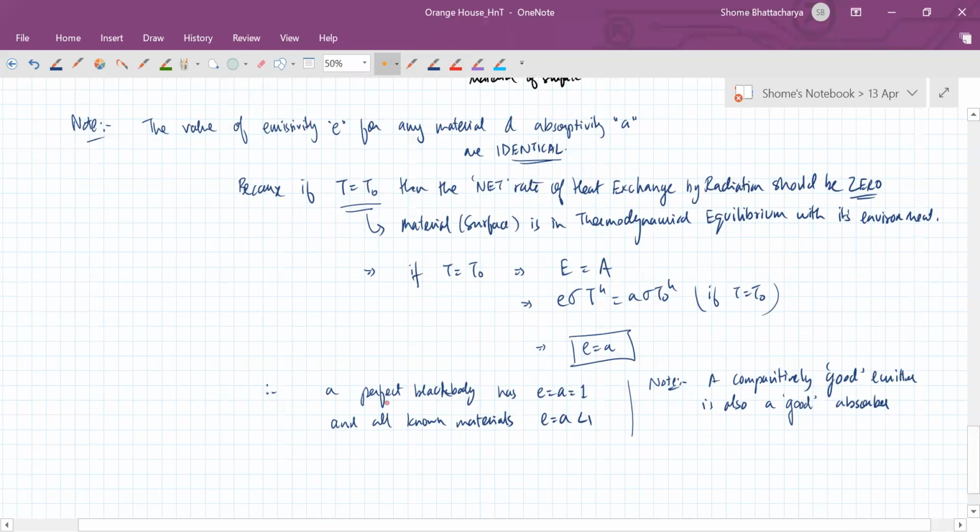So this also shows that a black body is the perfect emitter or absorber.